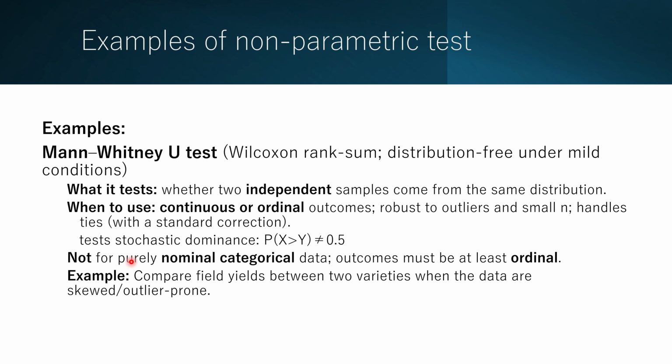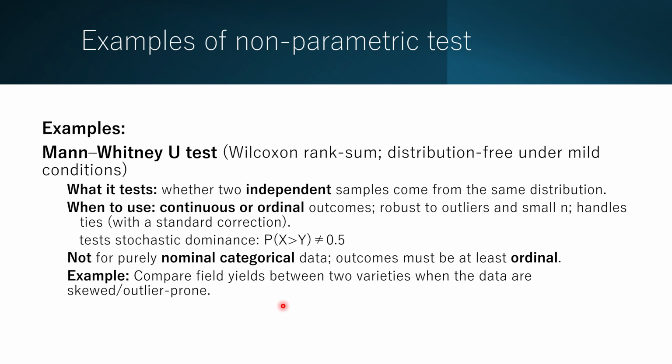Strength is that it works well with small n and is robust to outliers. Limitation is that it is not for purely nominal outcomes. Interpretation is about ranks or medians, not mean differences.